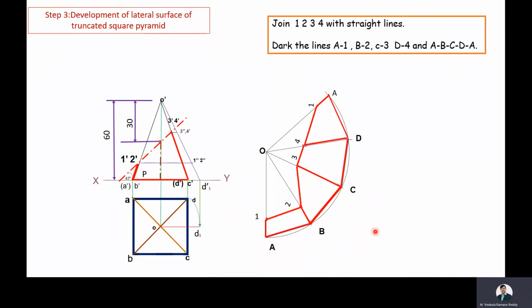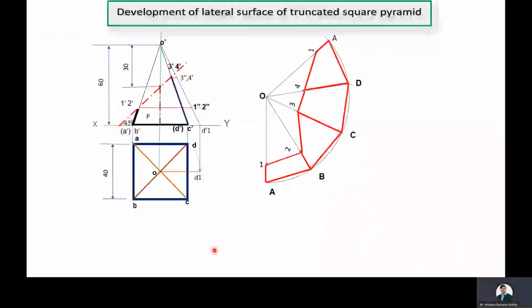With this, we completed development of the lateral surface of a truncated square pyramid. Now you will see the pencil usage details. Here, the top view of a square pyramid is with H pencil, and the part P portion of the square pyramid in front view is with H pencil, whereas the projectors and the portion which we removed from the square pyramid in front view is with 3H pencil and dimensioning is with 2H pencil.